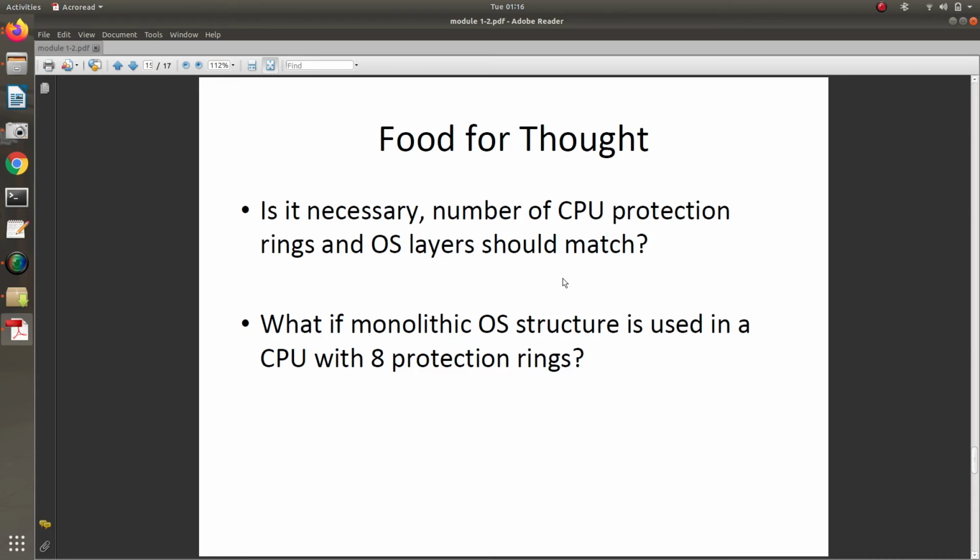Is it compulsory that the number of CPU protection rings and the number of layers in an operating system should be the same? That is my first question. My second question is: if a monolithic operating system has a CPU with 8 protection rings, does that work? These are my two questions. Please do answer in the comment section below.